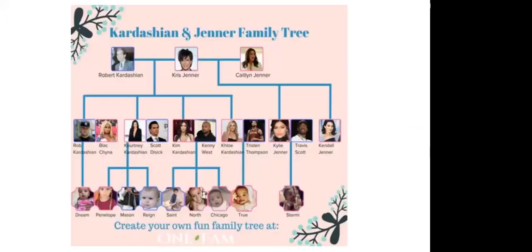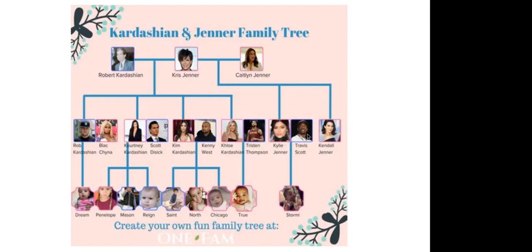Okay. Now here we have another example of a family tree. This one might be a little more familiar to some of you. This is a real life one: the Kardashian and Jenner family trees. We have Kris Jenner and Robert Kardashian, who have Rob, Courtney, Kim, and Khloe, as I'm sure most of you know. Then we have Kris and now Caitlyn Jenner, formerly Bruce Jenner, and they have Kylie and Kendall, right?